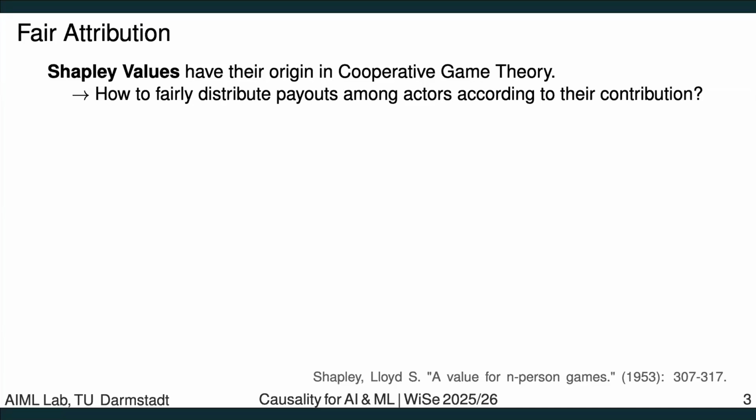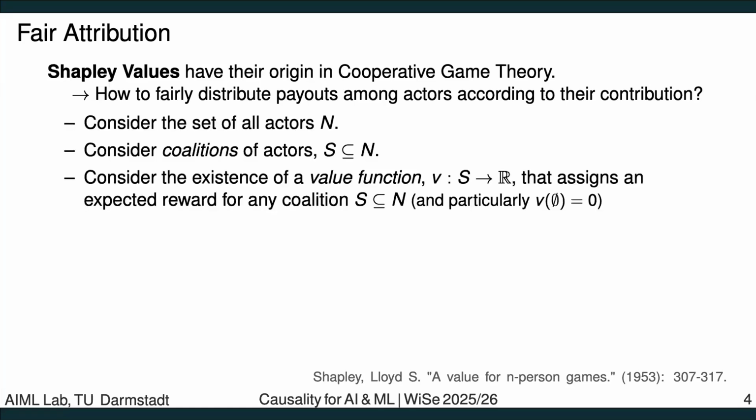Shapley values come from cooperative game theory. So if I have a group of players or actors working together, in the end, how do I fairly distribute the payout or the reward that they obtain together among them? It's relatively straightforward.